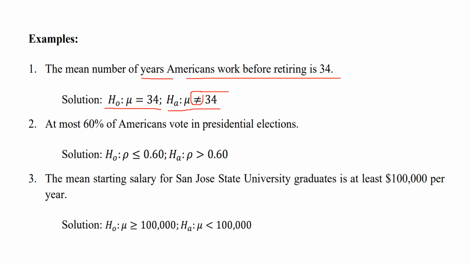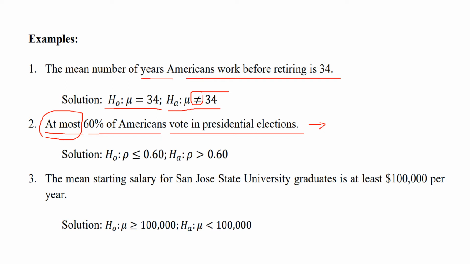For number 2, at most 60% of Americans vote in presidential elections. There is a keyword here, at most. In this statement, we are dealing with your population proportion.